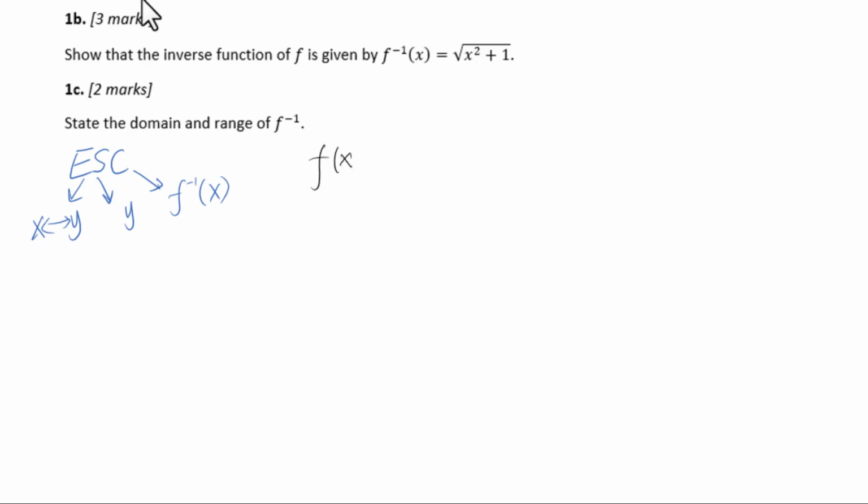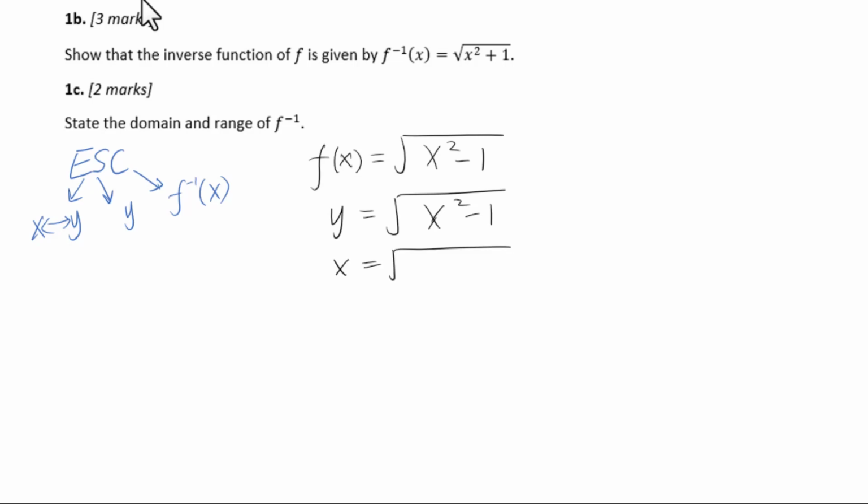So for f of x equals square root of x squared minus 1, f of x is y equals square root of x squared minus 1. Exchange x and y. x equals square root of y squared minus 1. Then solve for y. Square both sides. Then isolate this y squared. x squared plus 1 equals y squared.